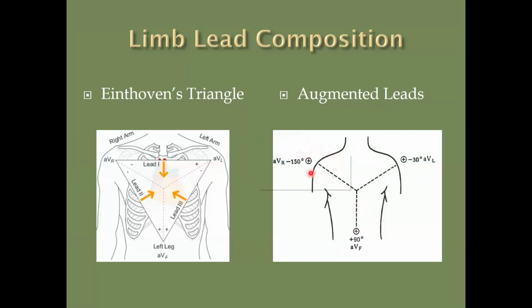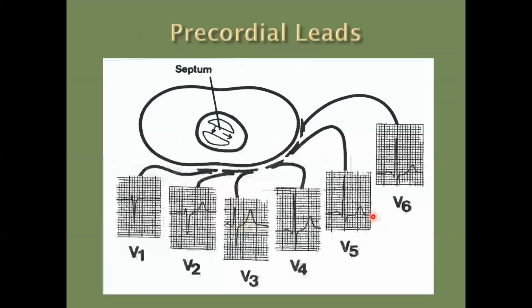That's why AVR should, in the normal heart, always be negative, because everything's traveling away from it. If it travels away from the positive, remember I said it will give you an inverted deflection, and that's why AVR is inverted.